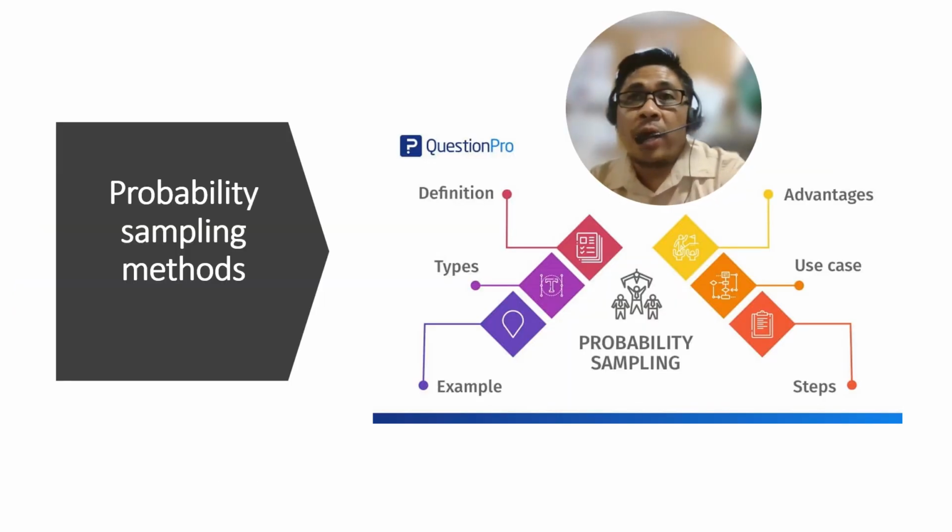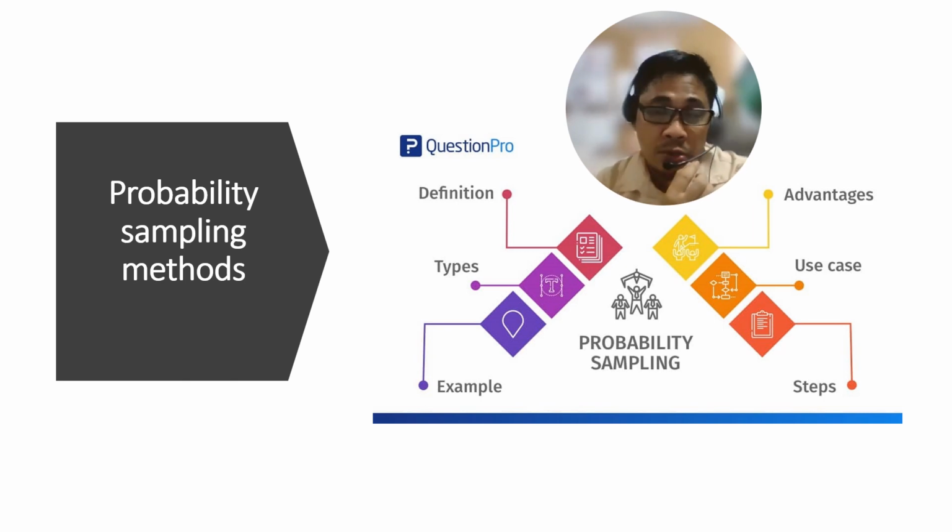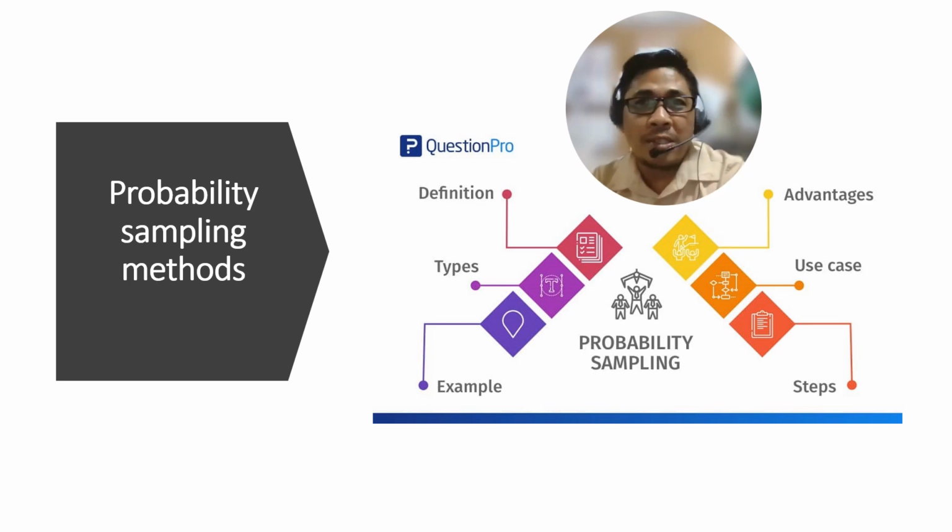Okay, so imagine you have a population of 100 people in your organization. In this scenario, every person would have odds of 1 in 100 for getting selected. So probability sampling gives you the best chance to create a sample representative of the population.